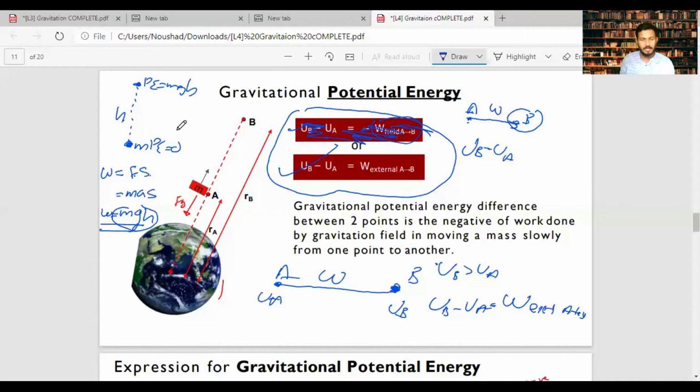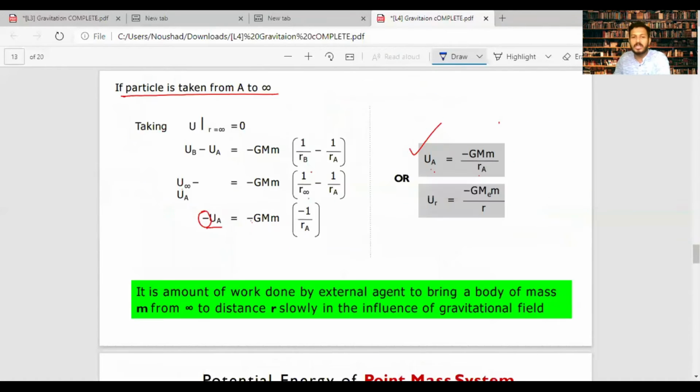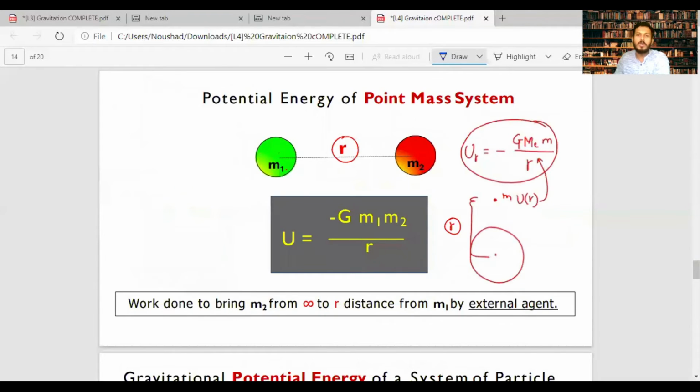The work external from A to B is converted to potential energy. So we can calculate a change in potential energy by calculating work. That is the very, very important point.